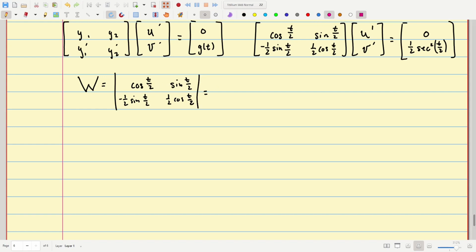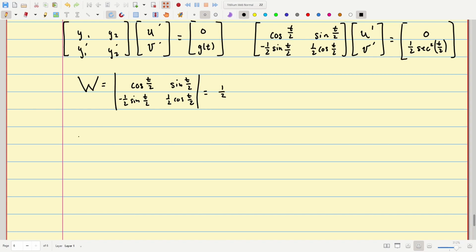So this product minus this product. So I'm going to get 1/2 cosine squared plus 1/2 sine squared, which is just 1/2 because cosine squared plus sine squared is 1, and I can factor out the 1/2s.